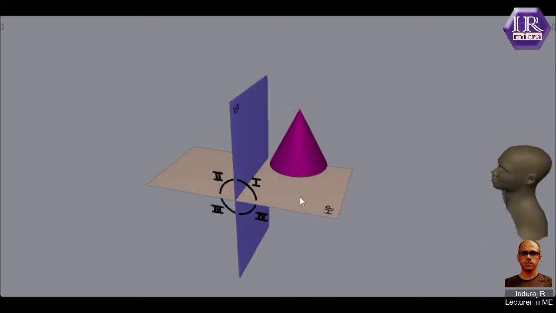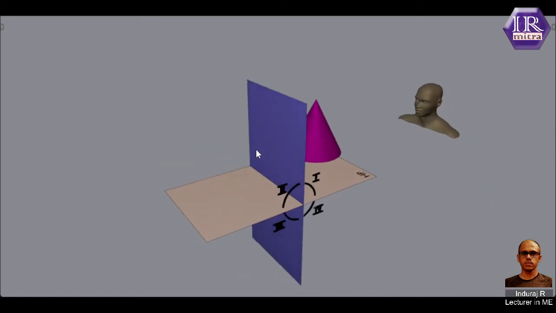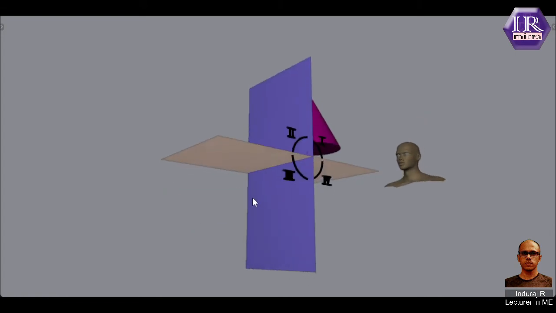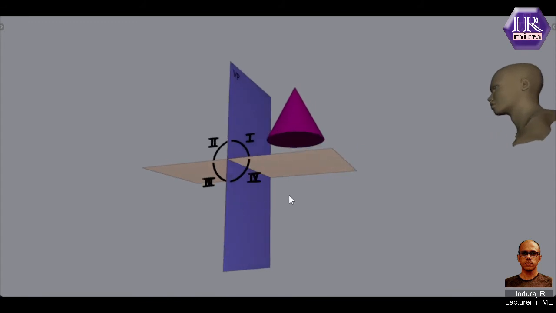Similarly, we can move to the second quadrant and make a second angle projection. Then we can also project in the third quadrant, and also in the fourth quadrant.